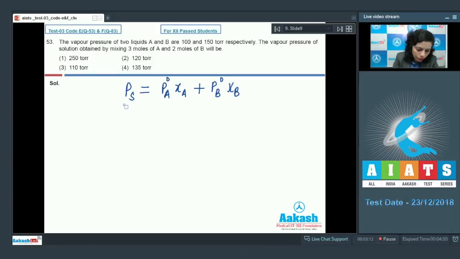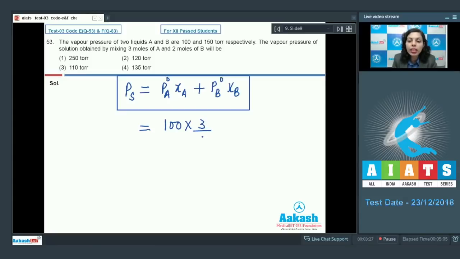This is based on Raoult's law, and let's find out this vapor pressure of solvent. This PA naught is already given, it is 100. What is its amount? It's 3 moles you are taking. So this 3 moles divided by the total number of moles. Basically, we just want to find out the mole fraction. So that would be moles of that particular substance divided by the total moles of the substances present in the solution. So there are two substances. One is A and other is B. Moles of A 3 plus moles of B 2.